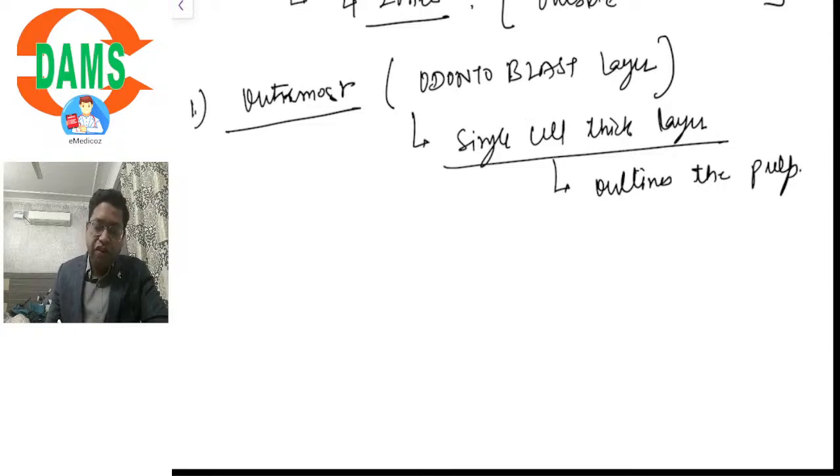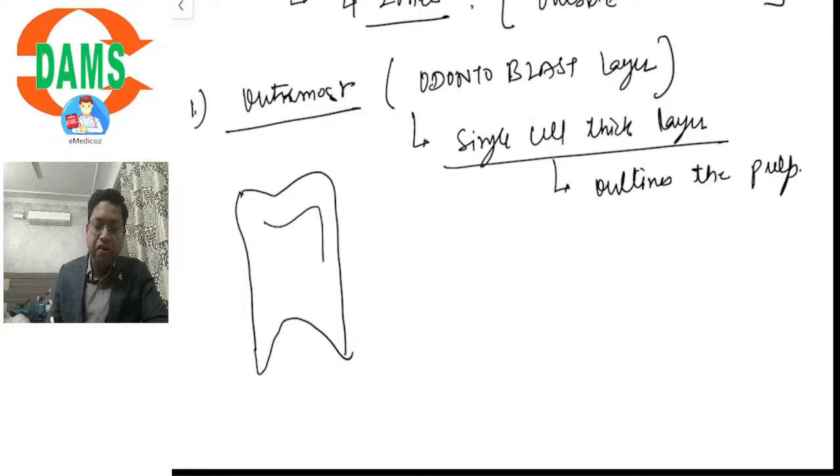Okay. So if this is a tooth, then this is the pulp organ of the tooth, just to illustrate schematically. Then this pulp organ in the outermost layer is outlined by a single layer of cells called the odontoblast layer.